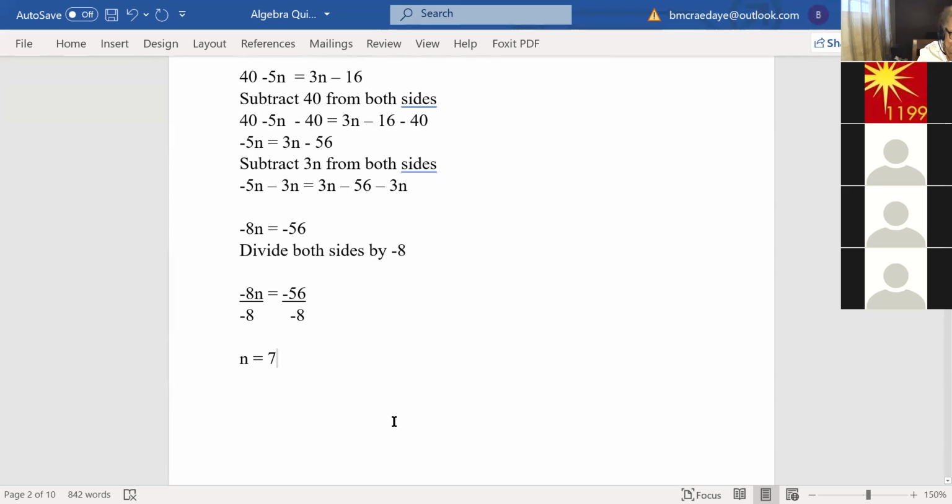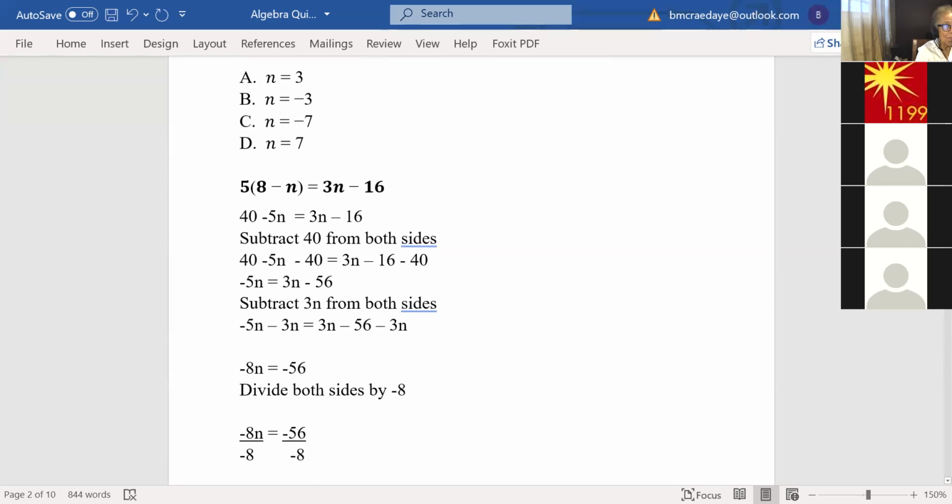I did that one. Instead of the 40, I combined positive 16 on both sides. Okay, tell me what you did, Chastity. I combined positive 16 on both sides. That gives me 56 minus 5n equals 3n.